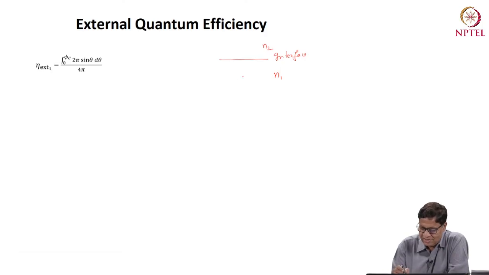So there is an interface, and suppose the photon is generated here, and then there is only a certain cone here, and let me put this angle as phi c.